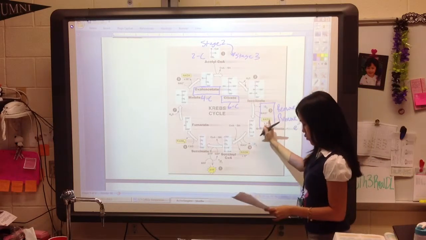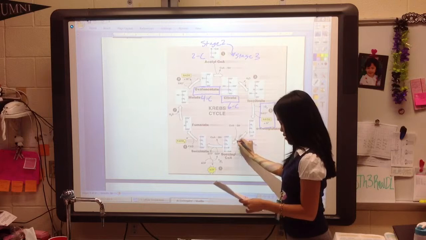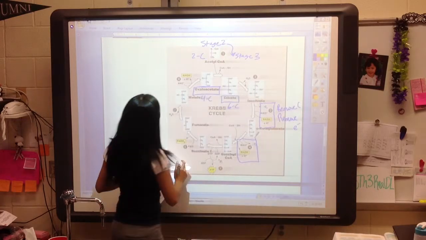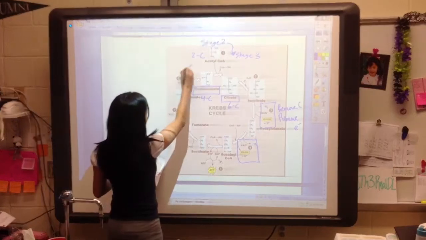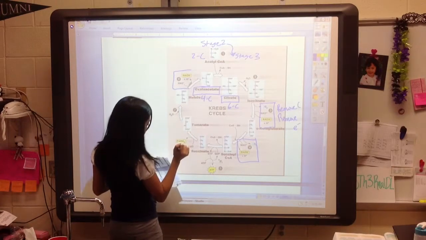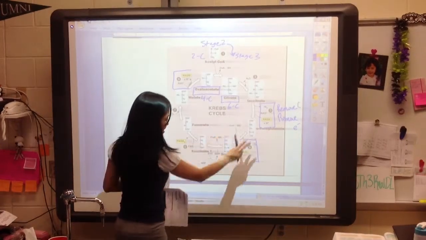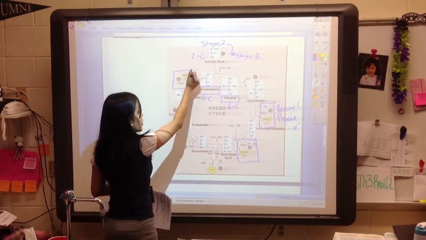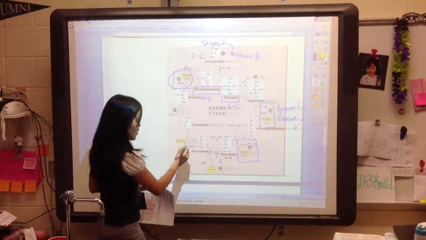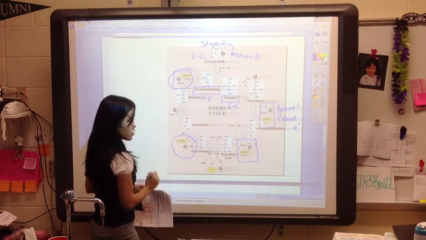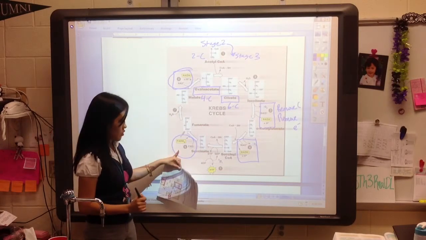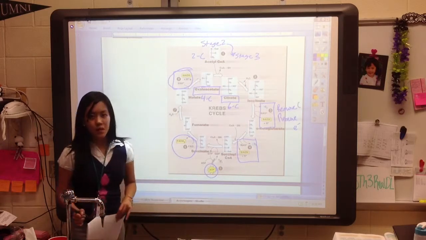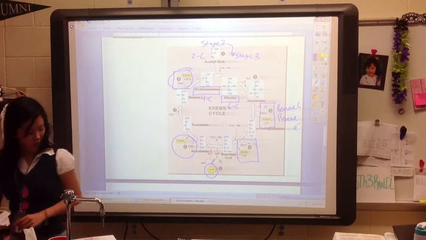You'll see that happening once here and twice here. And we'll see other areas in which we make more NADH and FADH2, that's the first time we're seeing that molecule. And down here we're also going to be making ATP, but we'll continue with this tomorrow.